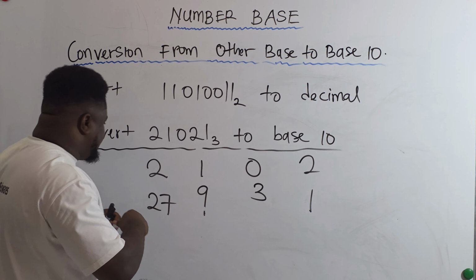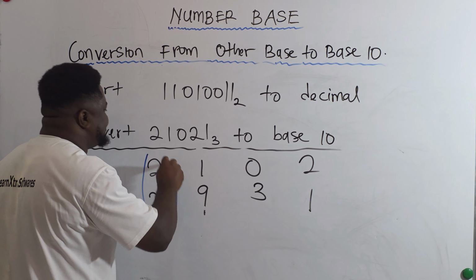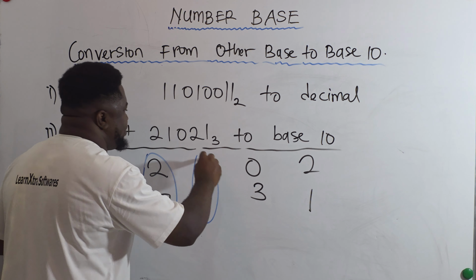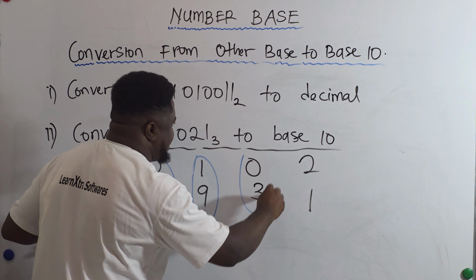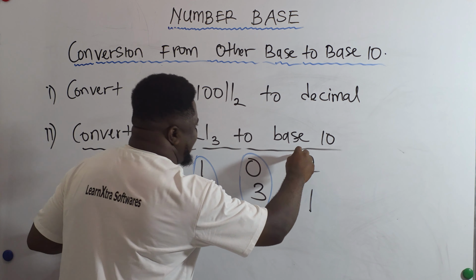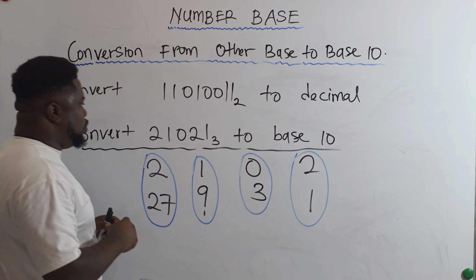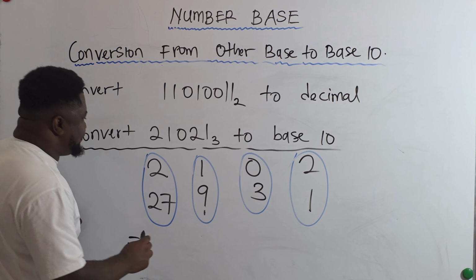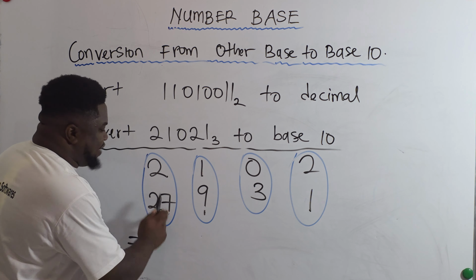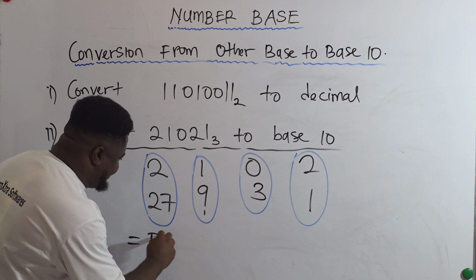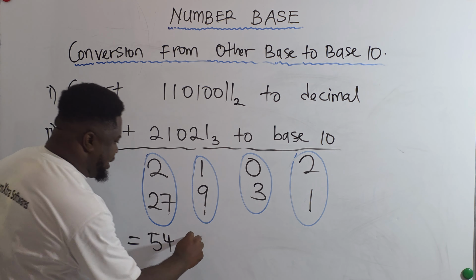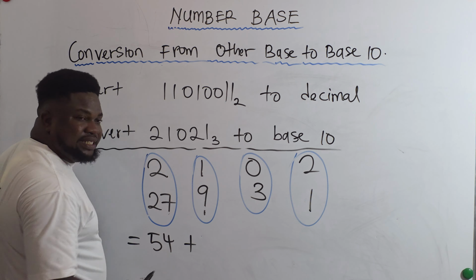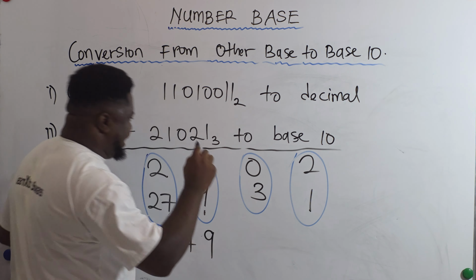Next thing we'll do is multiply these two before we add. Doing this, I'll have 2 times 27, and that is 54. Plus 1 times 9, that is 9.